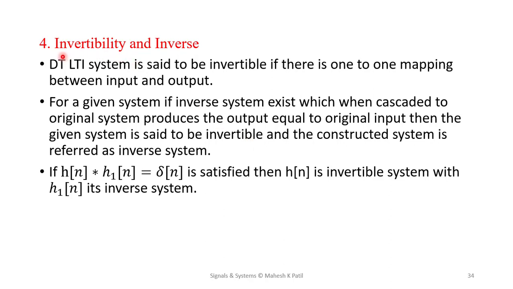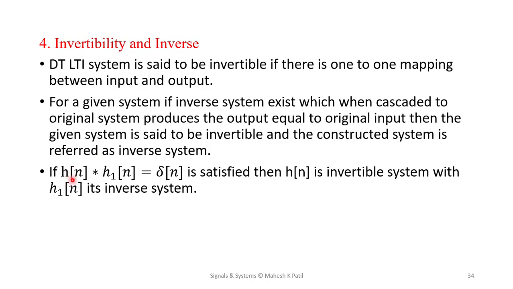Now we'll see the next property of DT LTI system, that is invertibility and inverse system. A DT LTI system is said to be invertible if there is a one-to-one mapping between input and output. For a given system, if an inverse system exists which, when cascaded with the original system, produces an output equal to the original input, then the given system is said to be invertible and the constructed system is referred to as the inverse system.